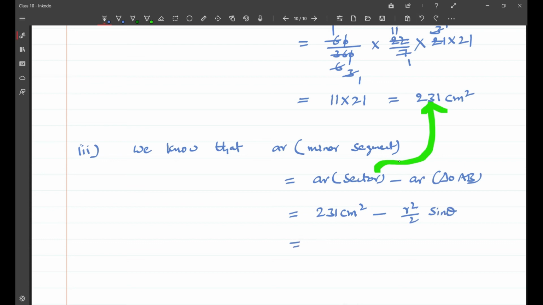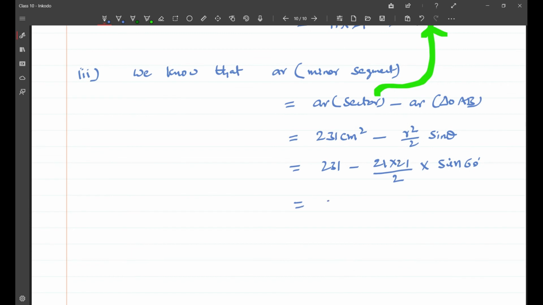231 minus r square by 2, r value given 21, so 21 multiply 21 divided by 2 multiply by sine theta. Theta is given, angle is 60 degree, so we can write it as sine 60 degree. 231 minus 441 upon 2 multiply by sine 60 value, you know, root 3 by 2.